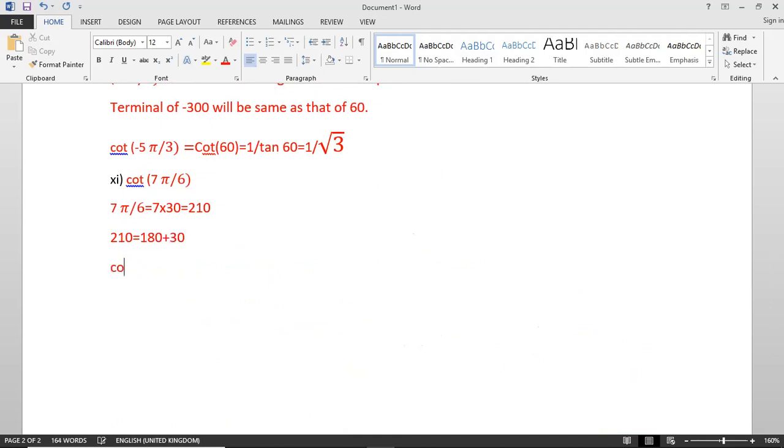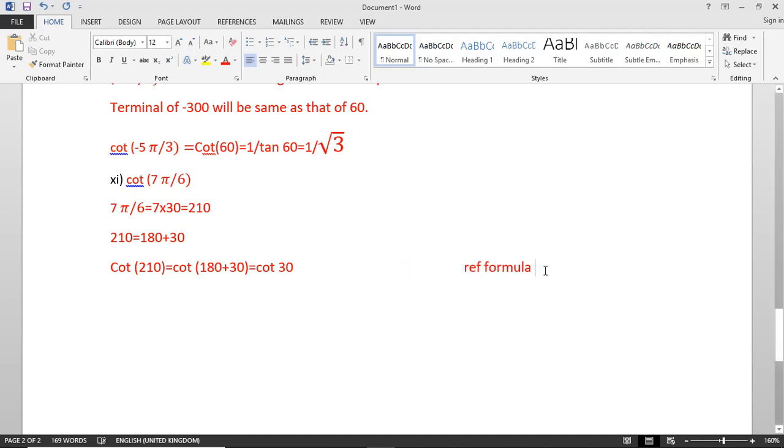Now you will be in a position to write cot 210 degrees, which equals cot of 180 plus 30, and this is in fact cot 30 degrees. The reason is that you can use a reference formula, because tan and cot in the third quadrant are positive.